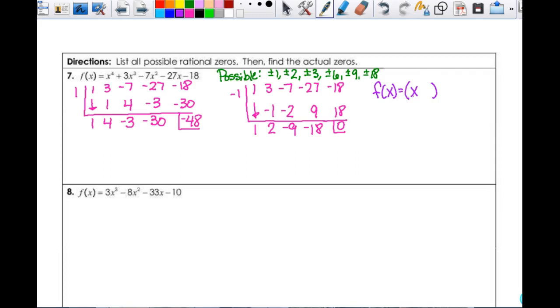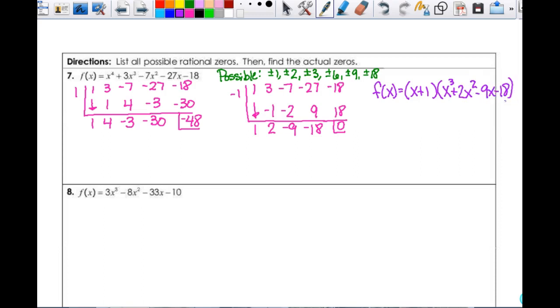Is it x minus 1? It's x plus 1, right? Because if the 0 is negative 1, this is x plus 1. And then I multiply that by, not by this, but by what I get from here. So that 1 is the coefficient for x to the what? 3rd, x cubed, good. Plus 2x squared minus 9x minus 18.